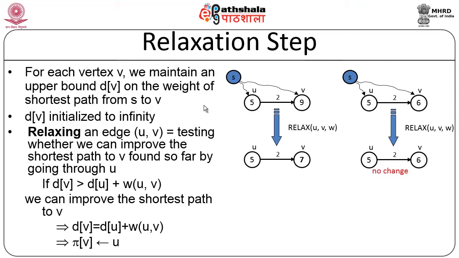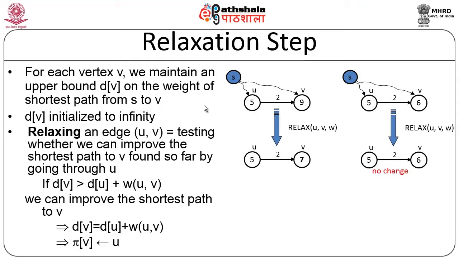For each vertex V, we maintain an upper bound d[V] on the weight of the shortest path from S to V. Initially it is infinity, and every time you find a shorter path, you change it. So, suppose d[V] is equal to 10 and you find another d[V] equal to 5, then you replace it.